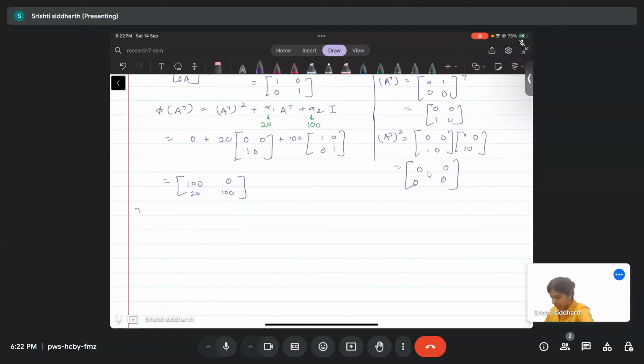So the observer gain matrix is computed using Ackermann's formula.